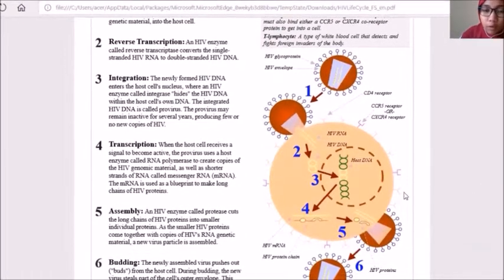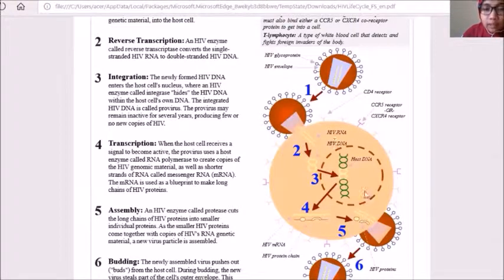And after they enter and are released, the cell will go to transcription when the host cell receives a signal to become active.